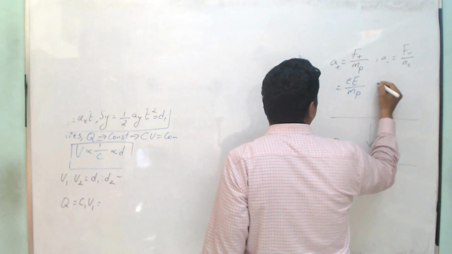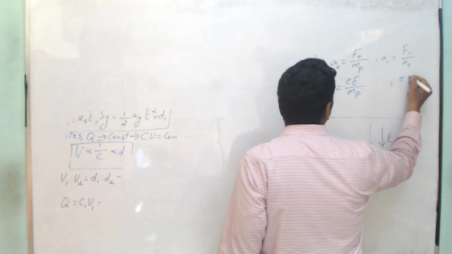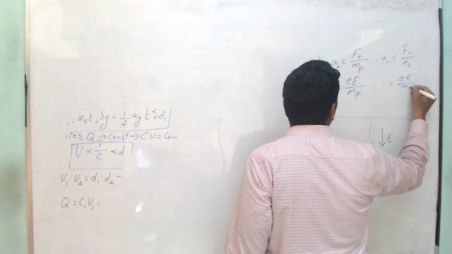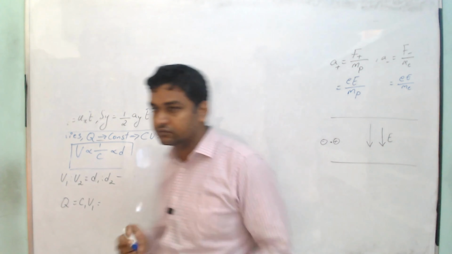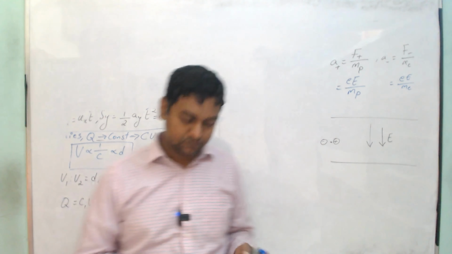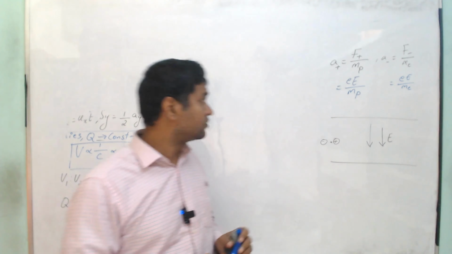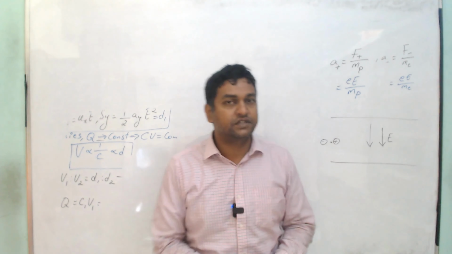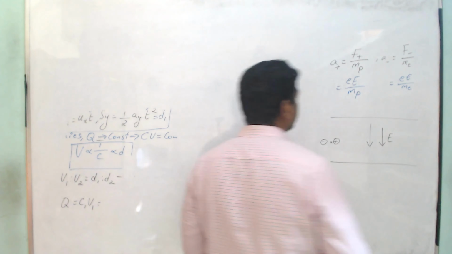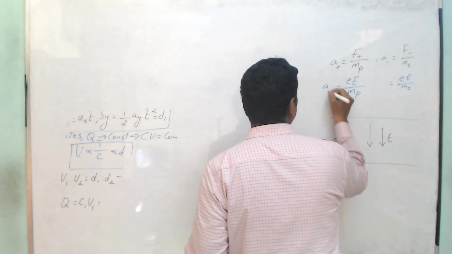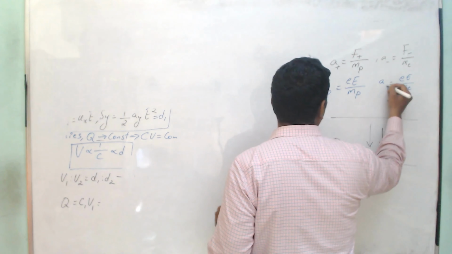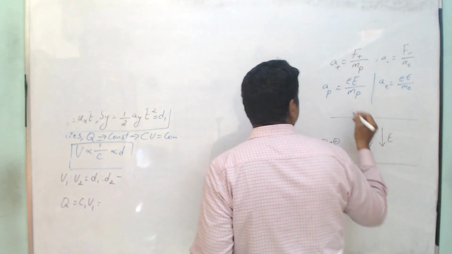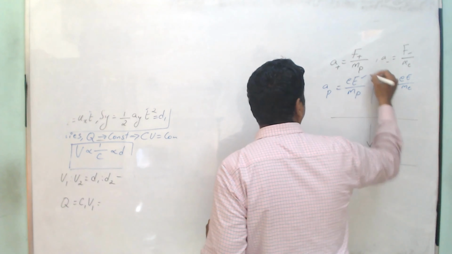Therefore, I will get this, correct? Like you just now said, the accelerations are going to be the same. Acceleration of proton, acceleration of electron. One will be positive, one will be negative.